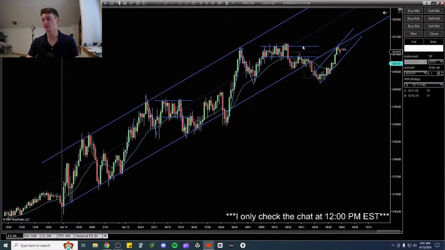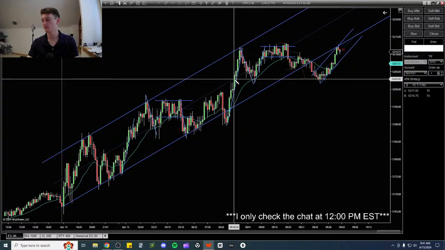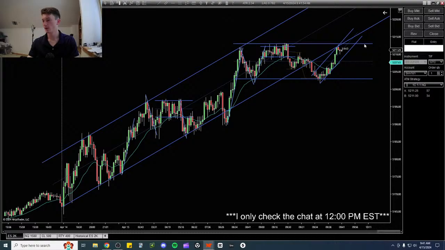The ES is finding resistance at the same level from before, just about there. This could even end up being some sort of range. Potentially.